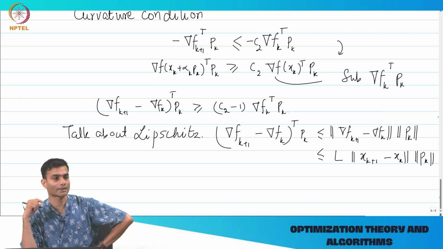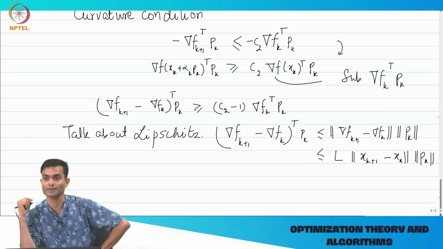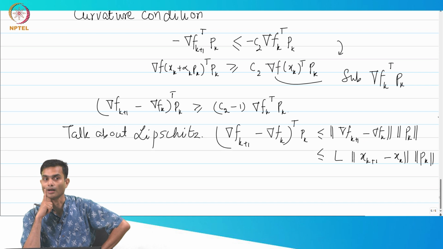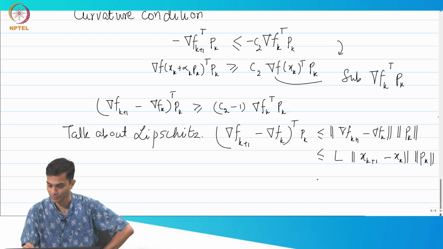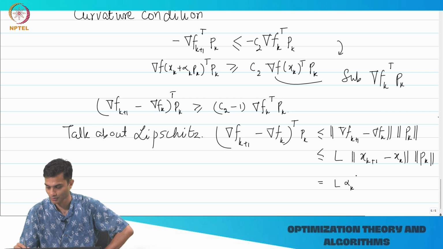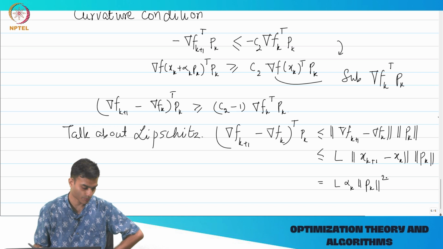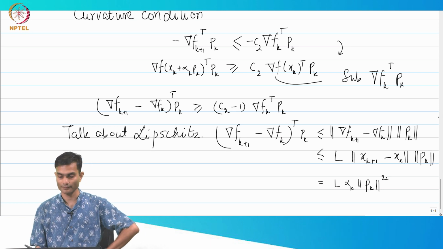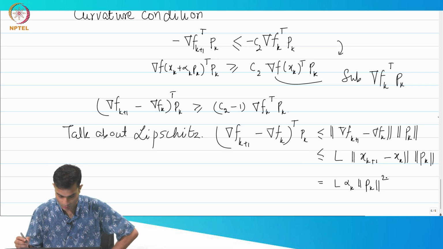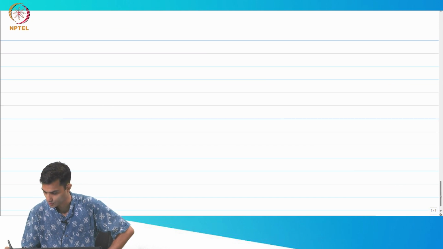Is there something nice I can say about x k plus 1 minus x k? It is alpha k p k. So this is equal to L times alpha k, which is a positive number, times the norm of p k squared. So let's call this 1, and let's call this 2.